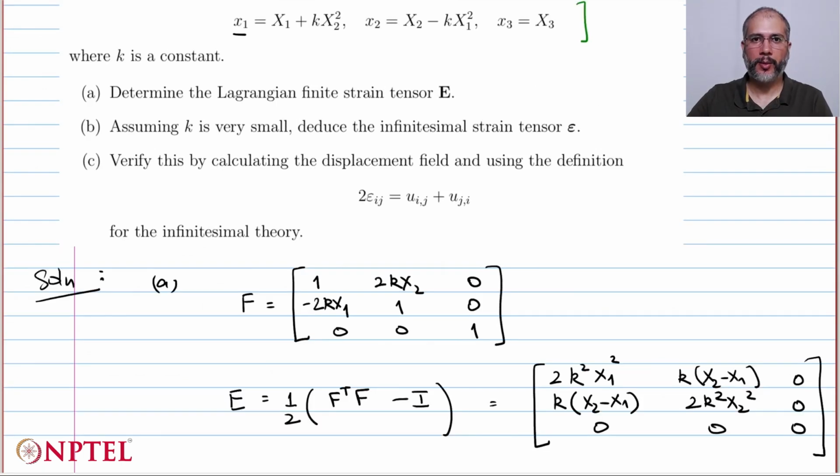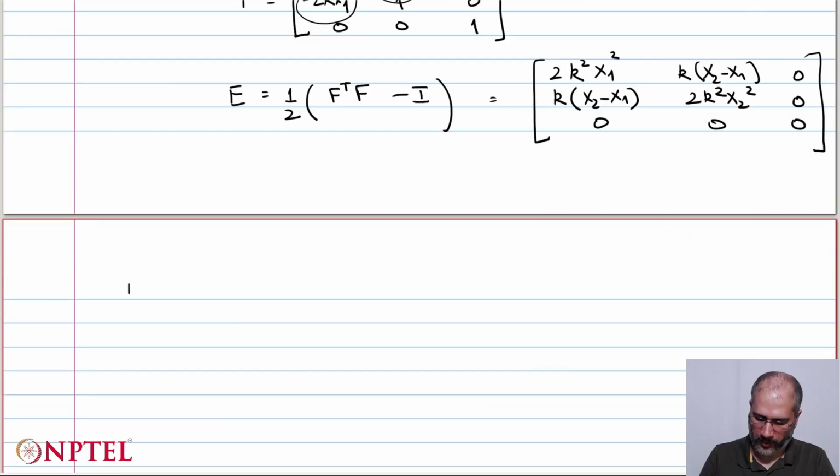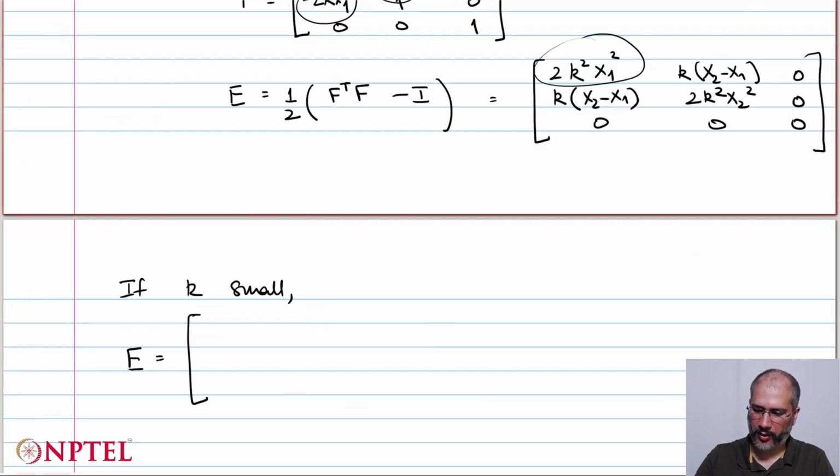Part B requires us to use the condition that if k is small, then that will be the condition for infinitesimal deformations or small deformations, and capital E becomes epsilon. So if k is small, then capital E becomes, now the first term here is k squared, which is much smaller than k, so this can be neglected.